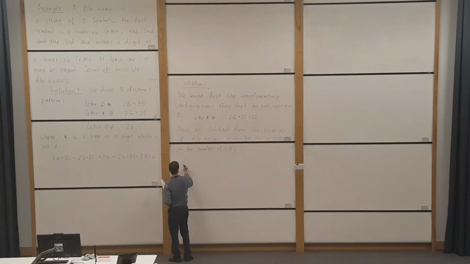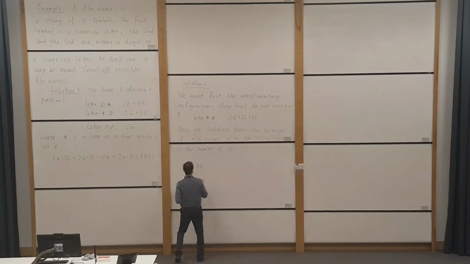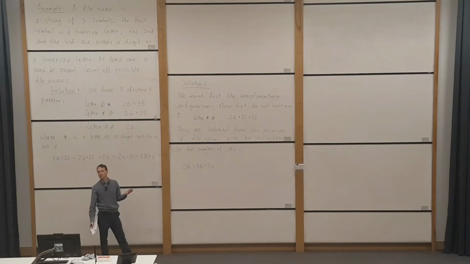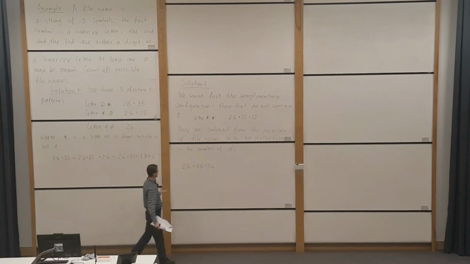And it's easy to calculate, so we'll have letter, 26, followed by 36 times 36 times 36, right? Because 36 is 10 digits plus 26 letters.